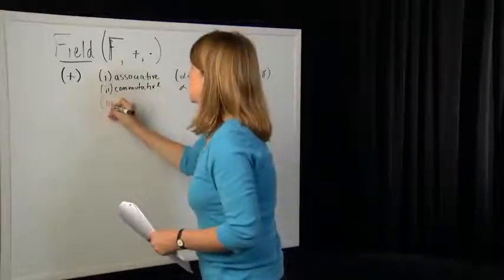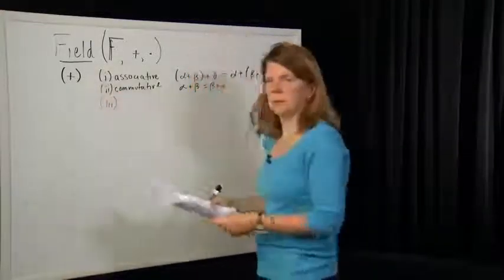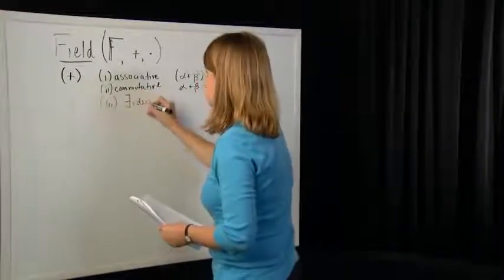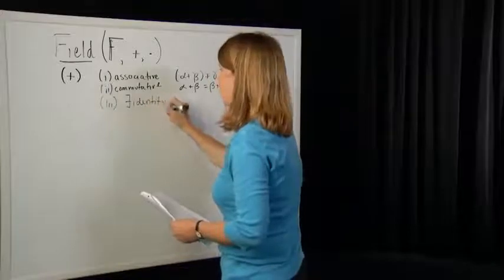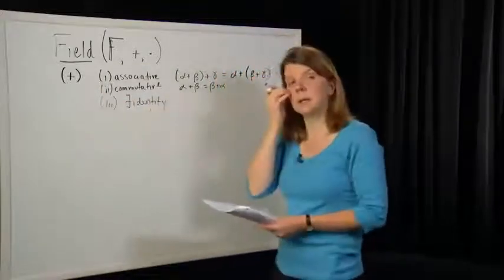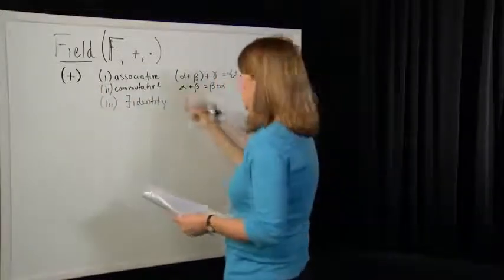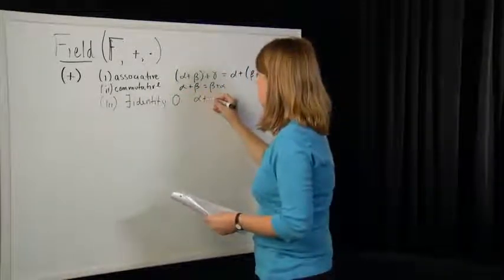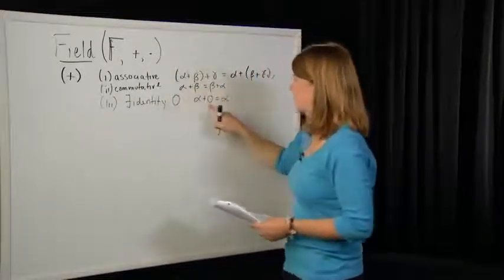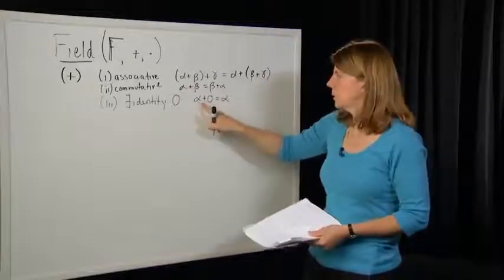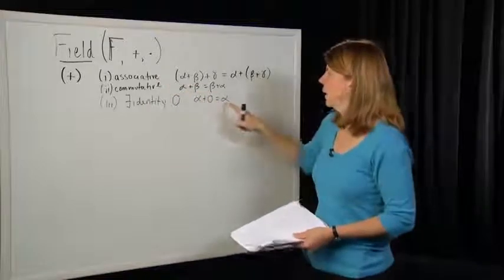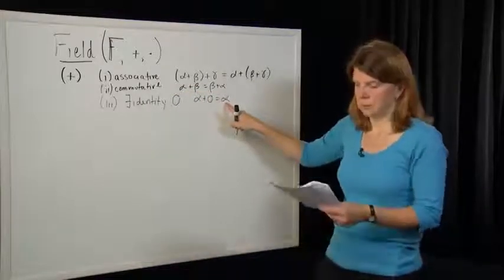There exists an identity element. So we call that element 0. There exists an identity, and these are all for addition. So the identity element under addition is known as the element 0. And it satisfies the following rule, that if you add this identity element, under this operation, to any element in the field, in the set F, then you get back the element that you started with.